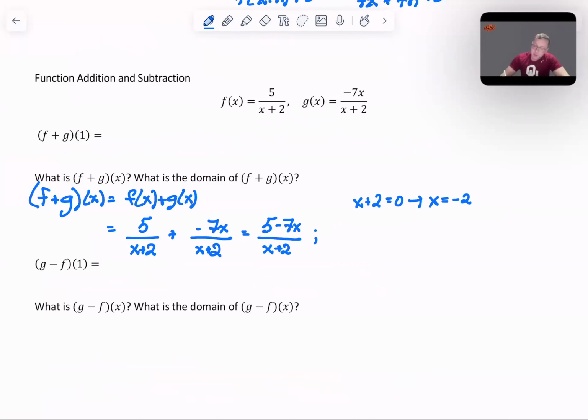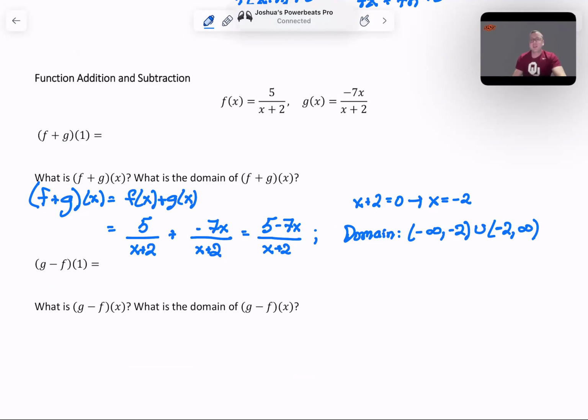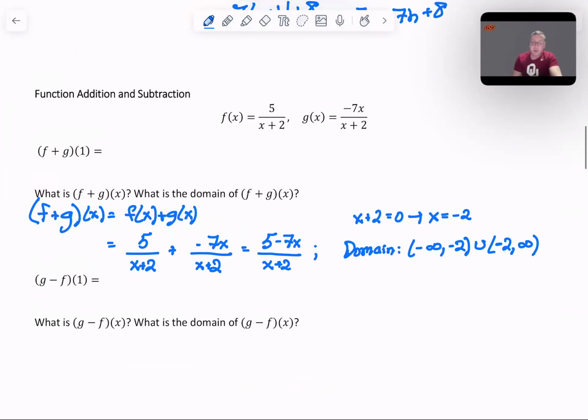So my new domain, excluding that point, becomes minus infinity up to minus 2 union minus 2 to infinity. So be careful when you're writing these. Whenever you're having to exclude that endpoint, we're going to have to put parentheses around those.